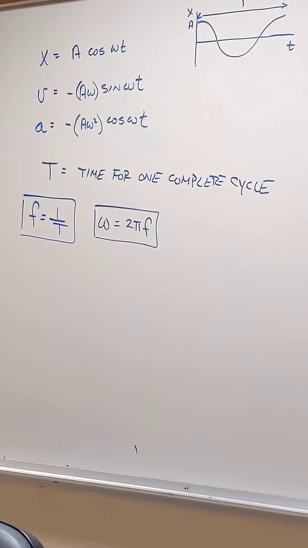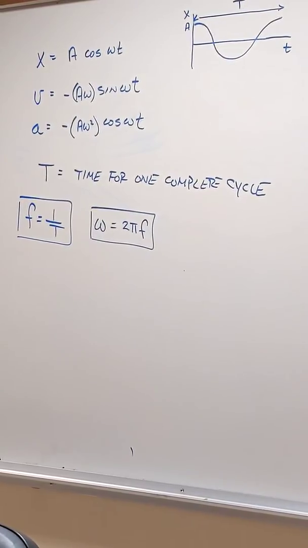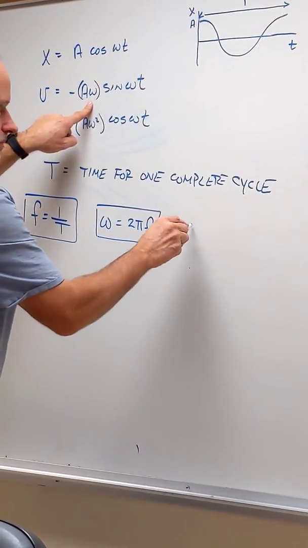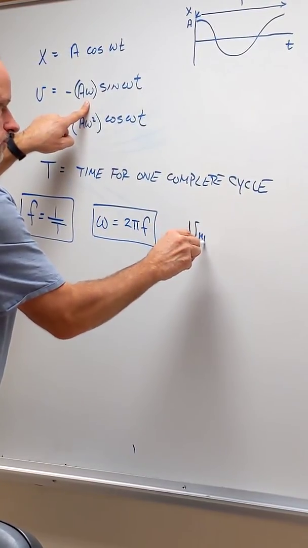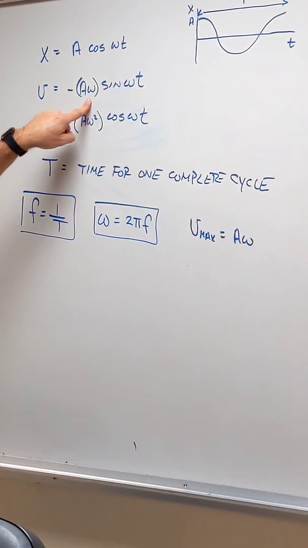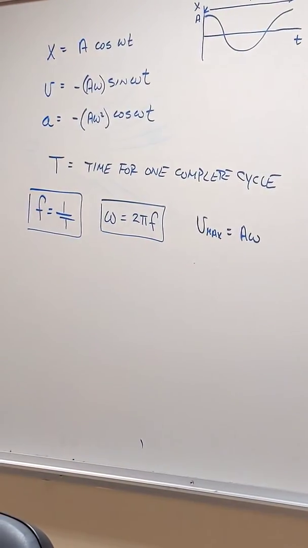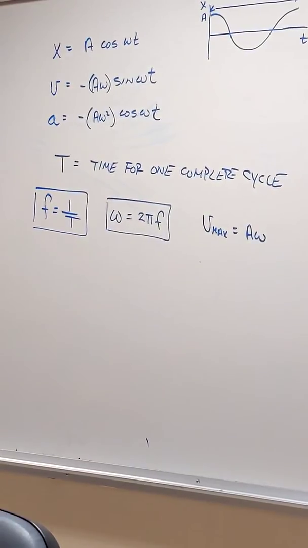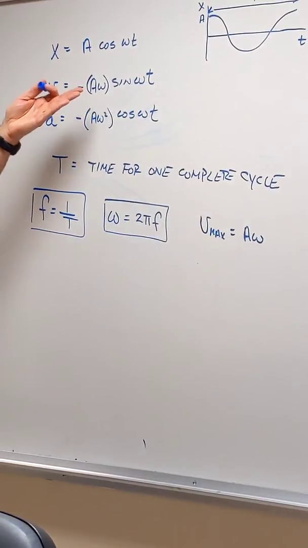Is that in the parentheses? Why? It's the amplitude of the velocity function.